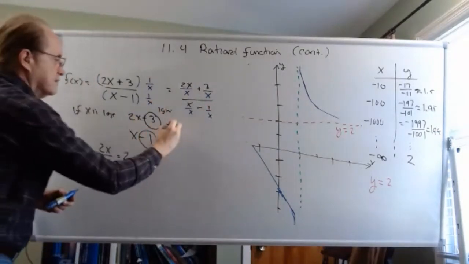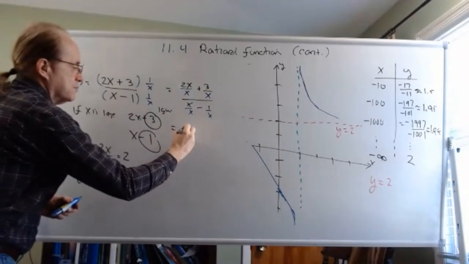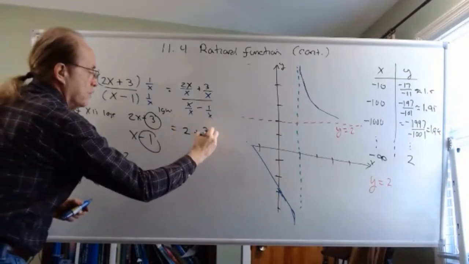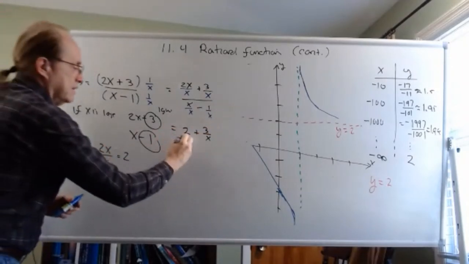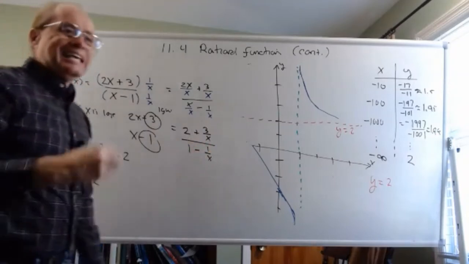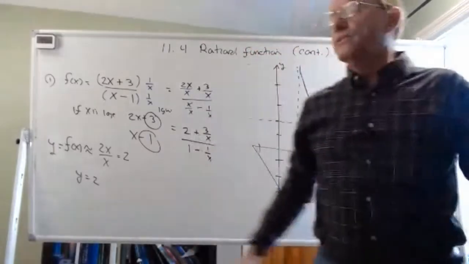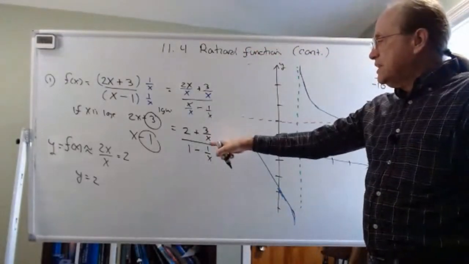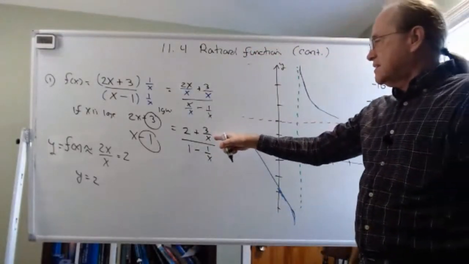Well, I can simplify this a little bit by canceling the x's. So that's 2 plus 3 over x, equal to 1 minus 1 over x. Again, let x get really large. What happens to 3 divided by x as x gets large?